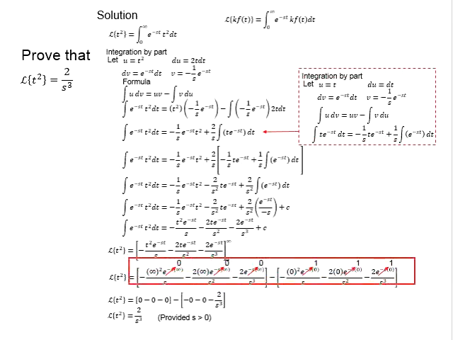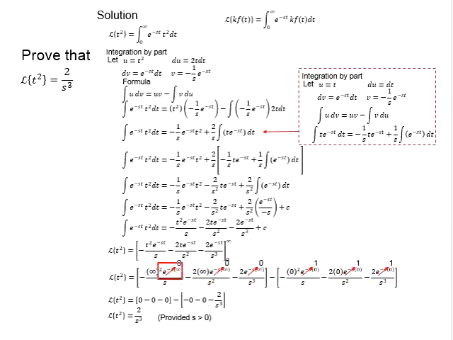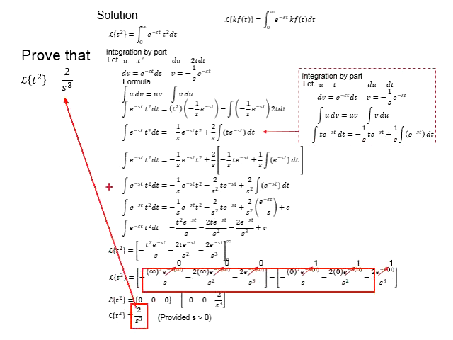You will get this. You know that e to the power of infinity will be equal to 0, while e to the power of 0 will be equal to 1. Solve this, you will get the final answer here, and this final answer is the one that you were asked to prove in this example.